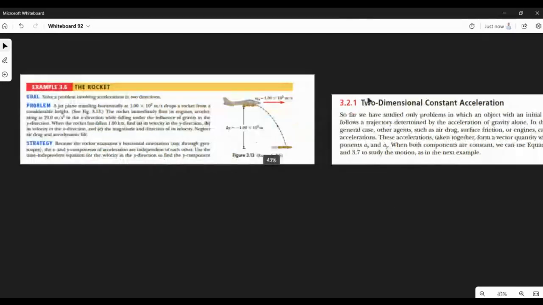So in this question, we will be solving a two-dimensional problem with two accelerations. In the AY, we have gravitational acceleration, and the AX will obviously be the particular acceleration of the object. But let's look at the illustration.